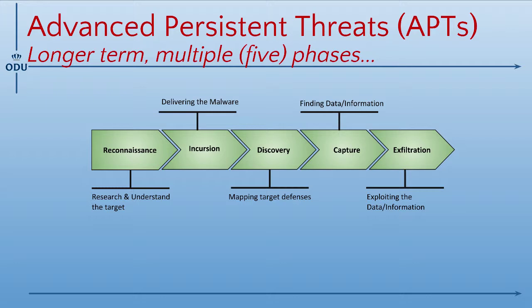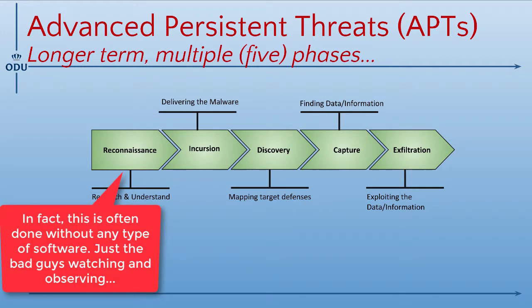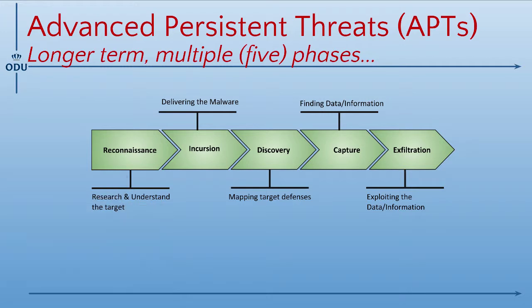Number 1 is the reconnaissance phase, where a particular piece of software is somehow inserted into your systems. And it really doesn't do anything at this point except lay low and observe and look for patterns, look for weaknesses, cyber defense weaknesses within your network, within your systems.